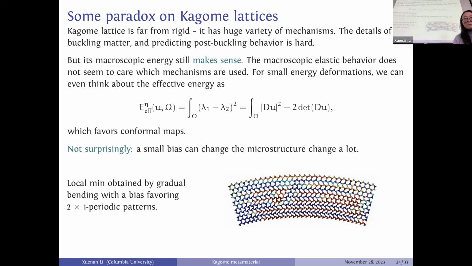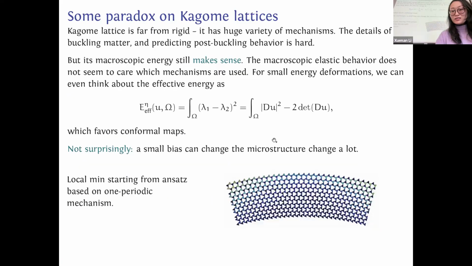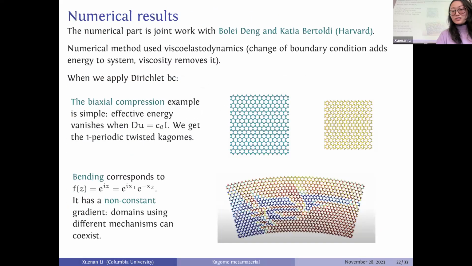Other questions from the audience or on Zoom? Just a quick question about these final simulations. The one you showed at first, a few slides ago, seemed like the blue and red regions were larger. They had more macroscopic structure, right? There was a large blue region and a large red one.